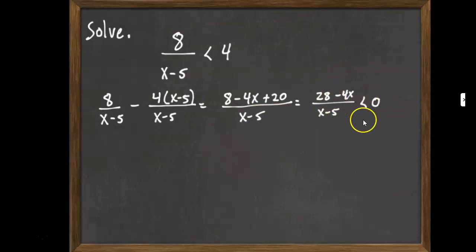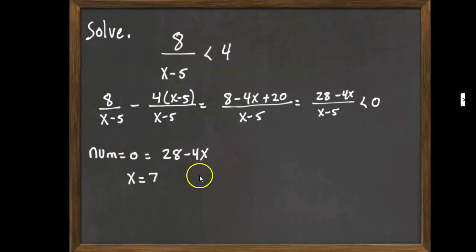Now that we've gotten the inequality in the form where it's greater than or less than 0, we can set about finding those key values where it could change sign. Those would be values that make the function 0, which would make the numerator 0, or values that make it undefined, those are vertical asymptotes and holes, things that make the denominator 0. So we solve numerator equal to 0. That gives me 28 minus 4x equals 0.